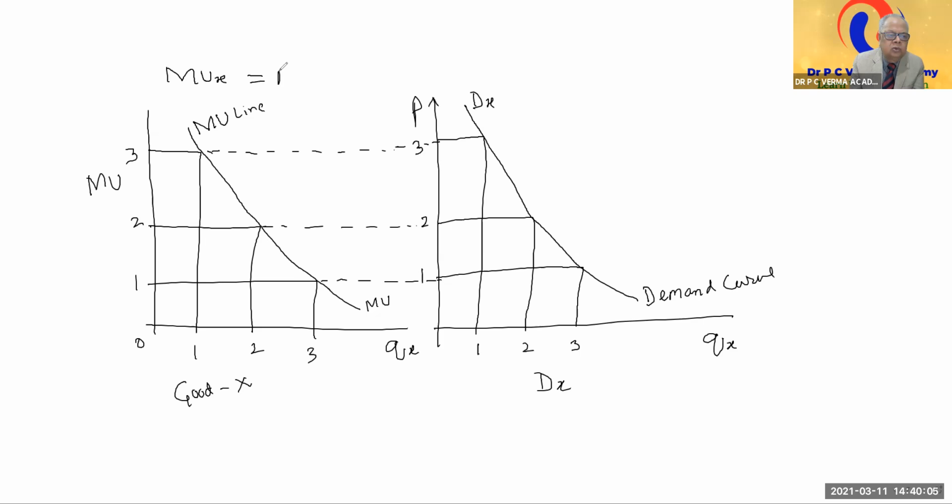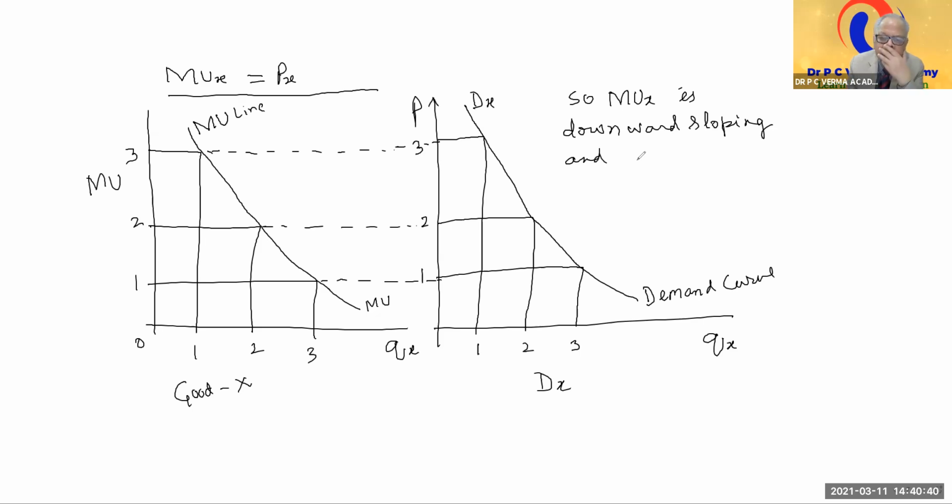Marginal utility of X is equal to price of X. So marginal utility of X is downward sloping and the demand curve is also downward sloping.